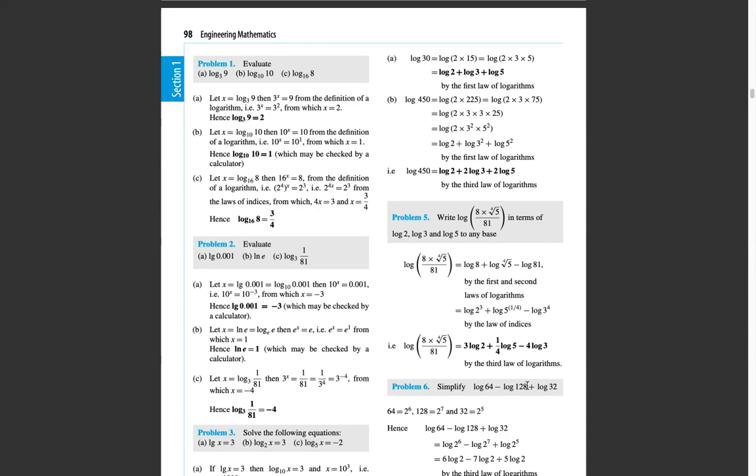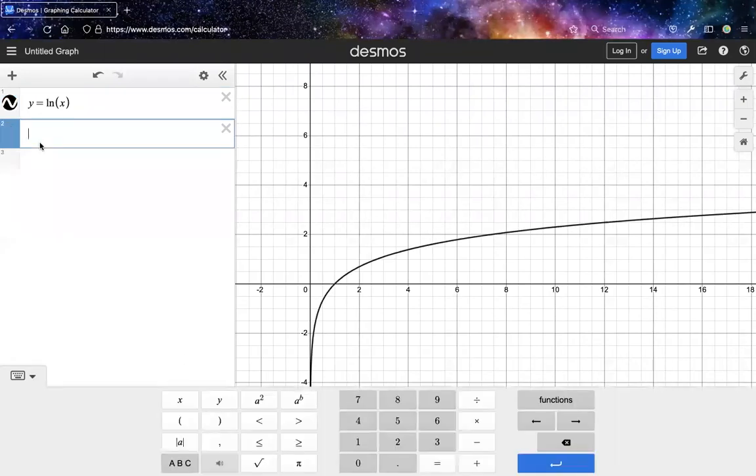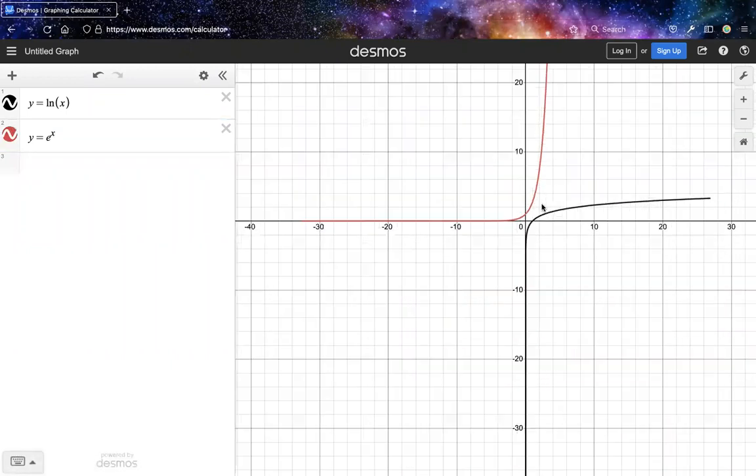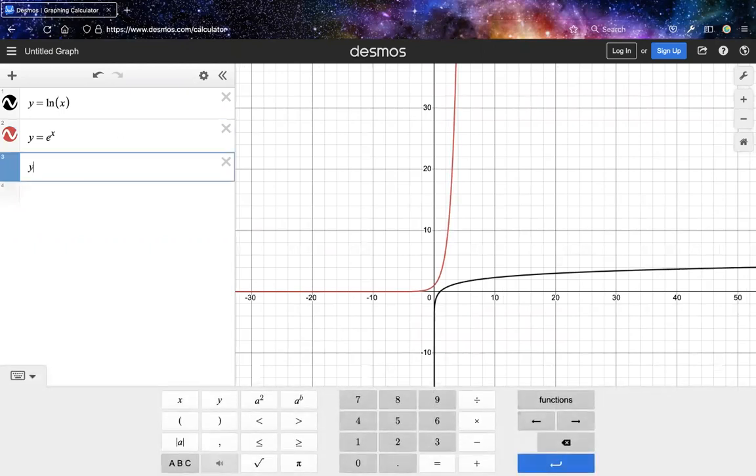It's not like powers or roots or anything like that. Logarithm is an inverse operation. If you see here, if you plot the graph y equals e to the x, you see these curves are the reflections of each other, in the line y equals x, right?